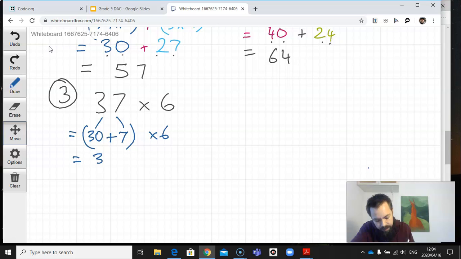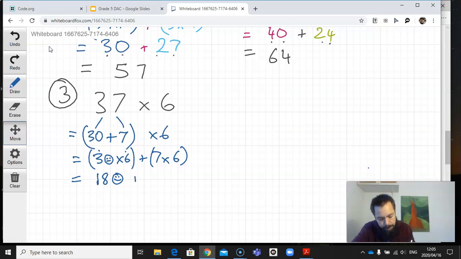Then I said 30 times 6 plus 7 times 6. I'm going to use the fact that I've got this 0 here. I'm going to put him down there in my answer. And then I'm going to say 3 times 6, which gives me 18. So my answer to 30 times 6 is 180. 7 times 6, I hope your times tables are good, 42.